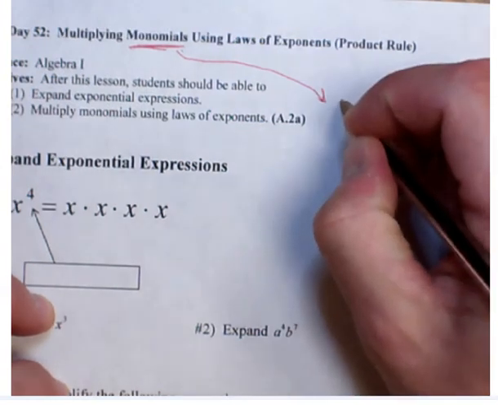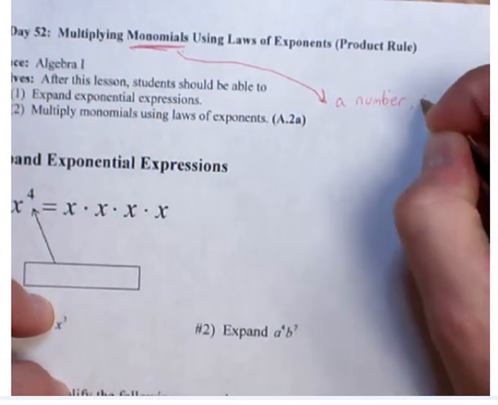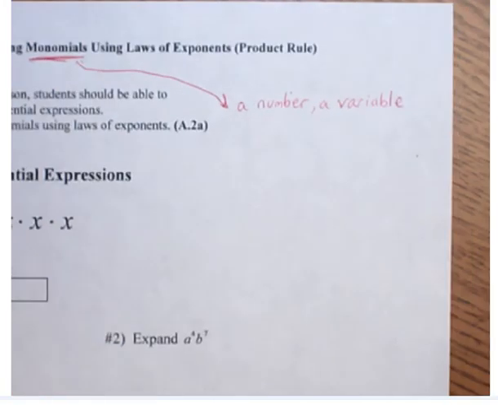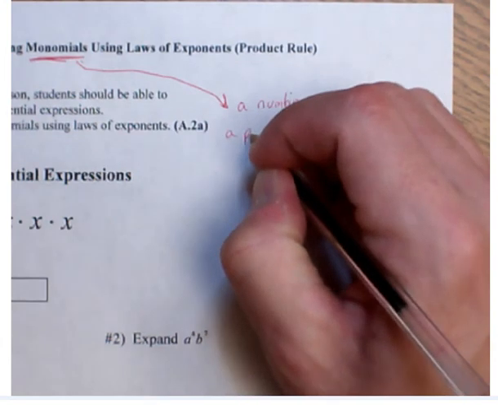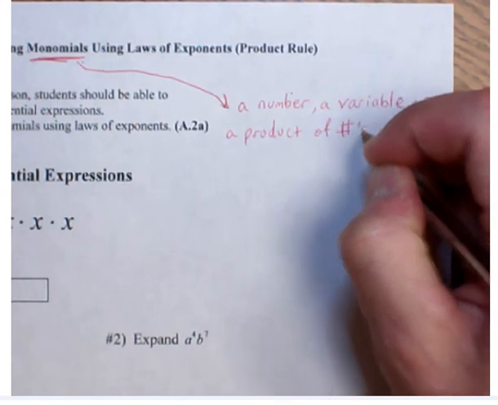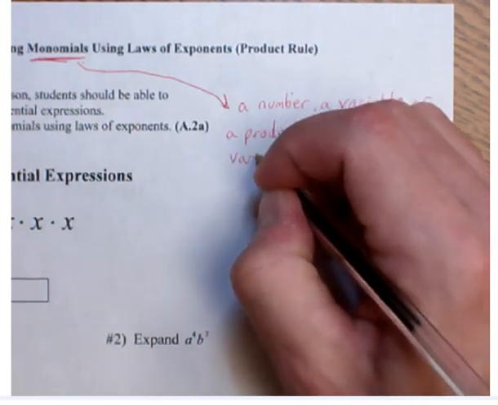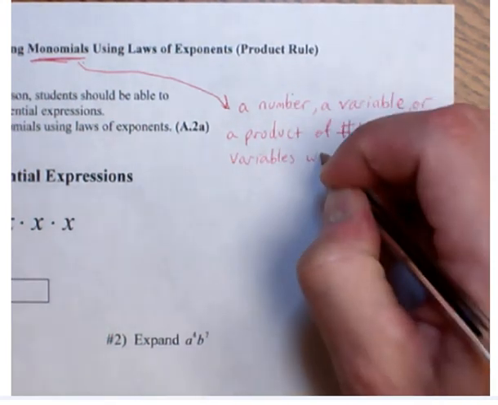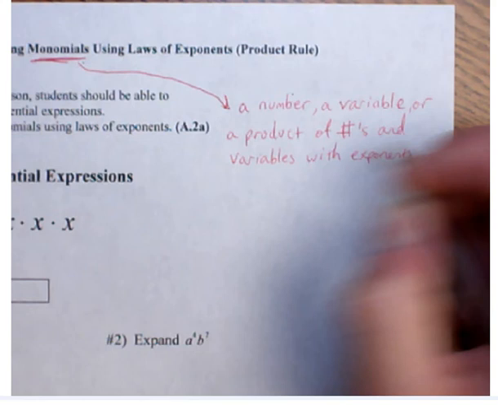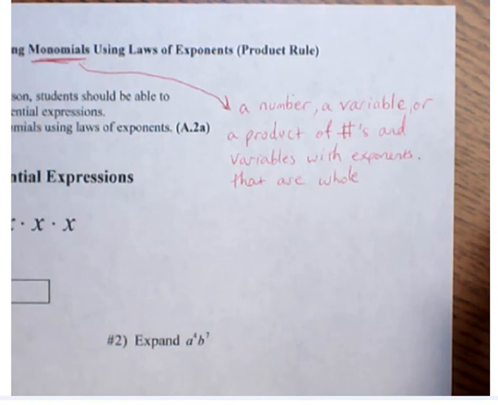A monomial is a number, a variable, or a product of numbers (I'll abbreviate that with the number symbol), a variable, or a product of numbers and variables with exponents that are whole numbers.